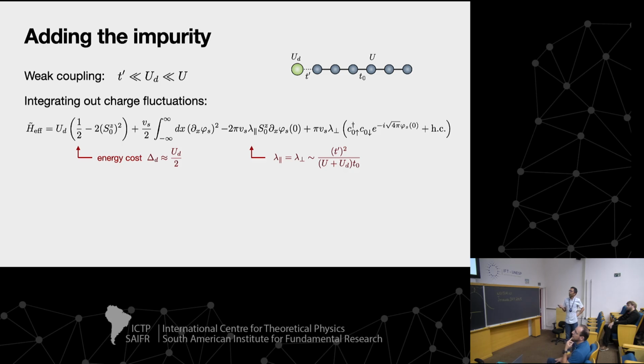This accounts for the energy cost of changing the number of electrons at the impurity site, which is of order U_d/2. And this is essentially the Kondo coupling that I just rewrote in terms of a longitudinal term and a transverse term that contains the spin-flip terms.